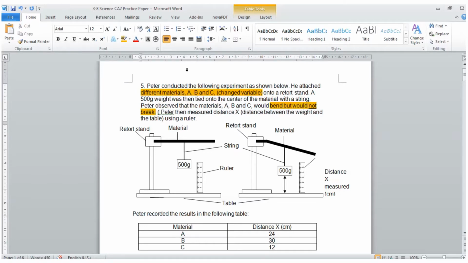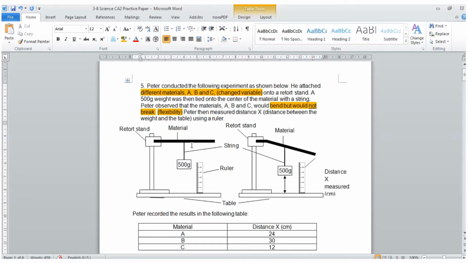So we are talking about flexibility. The property of flexibility, whether it can bend without breaking. Now we remember we always talk about the difference between flexibility and strength. Flexibility is when we talk about whether it can bend or not bend, and strength is when we talk about break or without breaking. So it's two different things there.